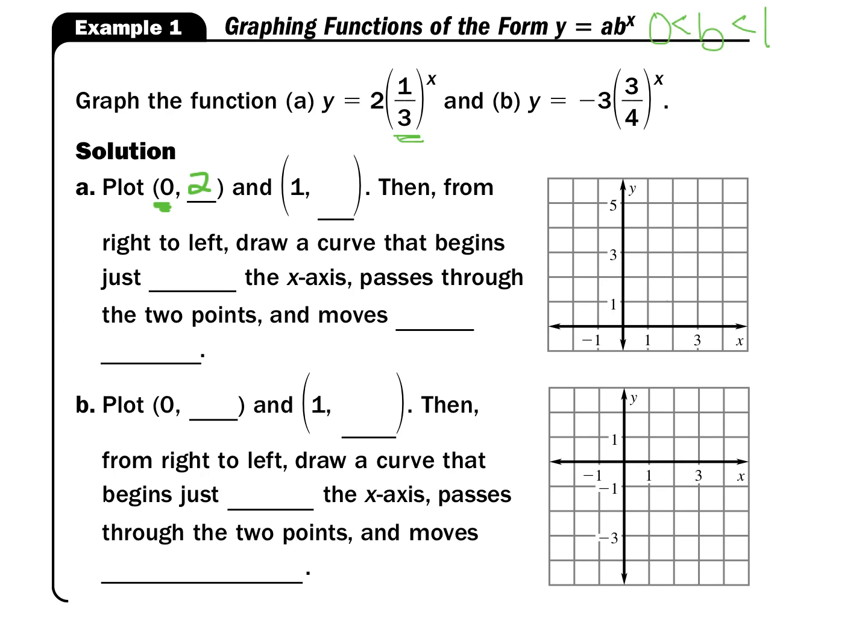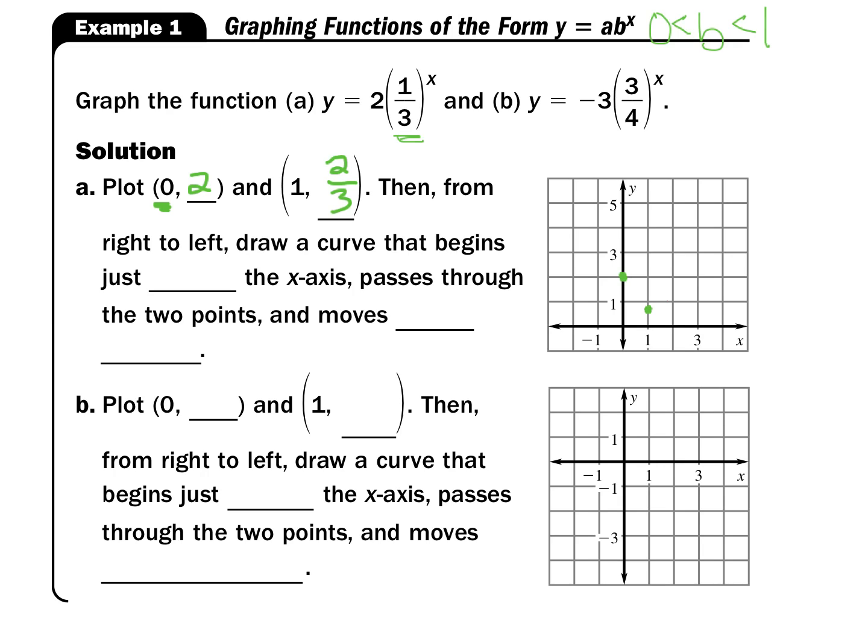So I get (0, 2), and I'll go ahead and plot that. And then if I plug in 1, 1/3 to the first power is 1/3, and 2 times 1/3 is 2/3. So (1, 2/3). Notice how we got smaller.